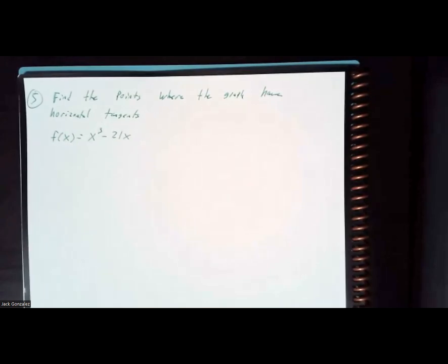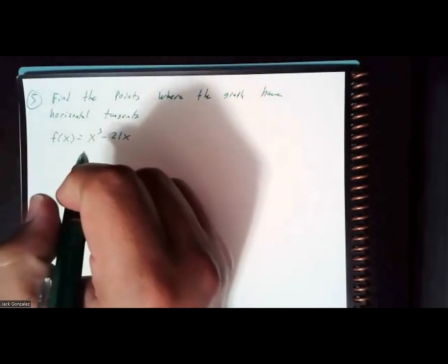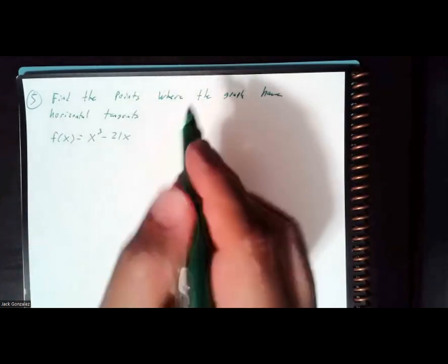So what does it mean to have horizontal tangents? What does it mean for the derivative? Yeah, it's going to be 0. So the slopes at horizontal tangents are 0. So you use that fact to work backwards and find a point because we don't have any other information.